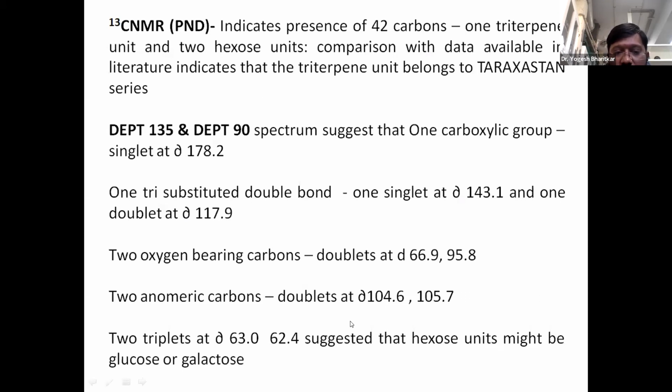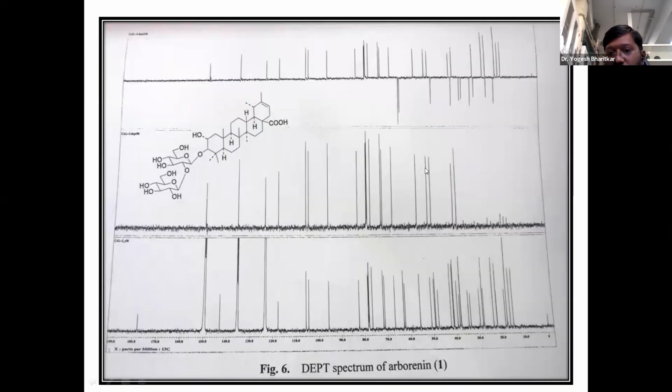Two triplet signals, at CH3 and CH2, suggested that the hexose might be glucose or galactose. It is called a triplet signal because of the CH2. In the spectrum it is only one peak, but we say triplet because CH2 gets n plus one, meaning a triplet.